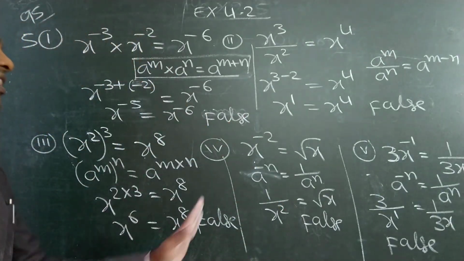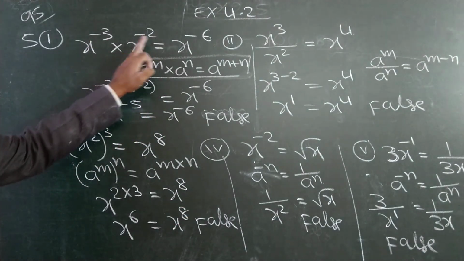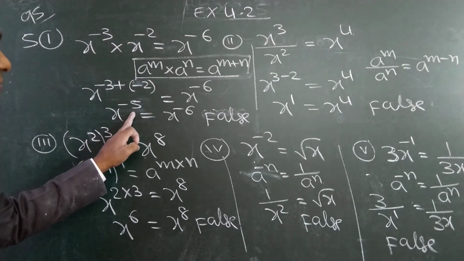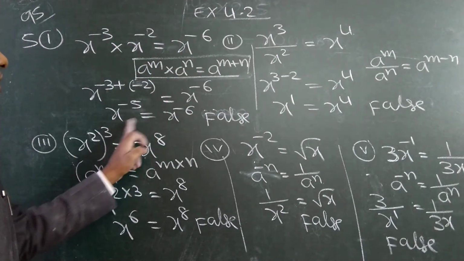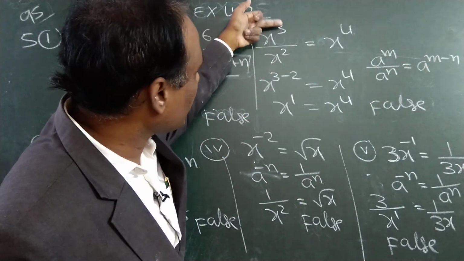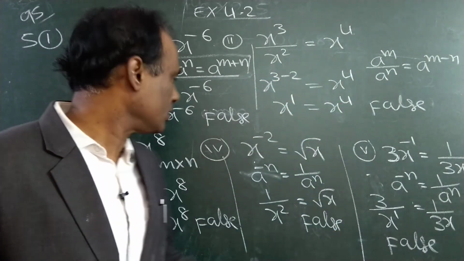I completed all the 5 bits. In this simple formula, a power m into a power n, a power m plus n, minus 3 plus minus 2 is minus 5. But minus 6, so both are not equal, false. A power m by a power n, m minus n, 3 minus 2, 1, not equal.